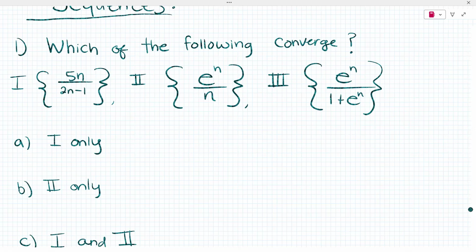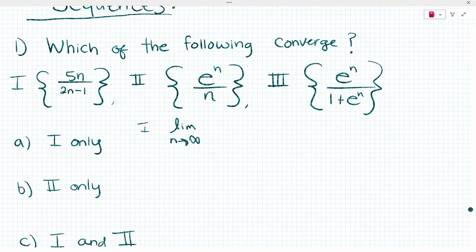Let's look at Roman numeral one. It's a rational function, so basically they're asking whether, in a rational function, you have an asymptote. Yes. It's the limit as n approaches infinity.